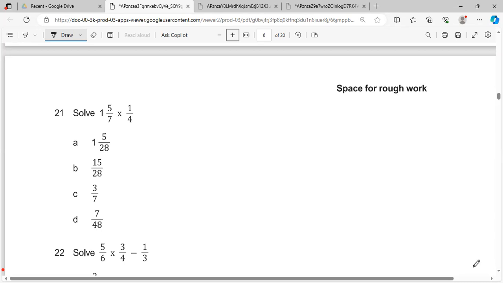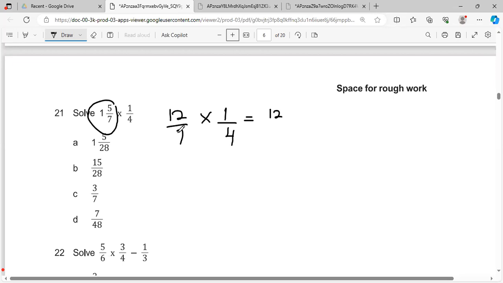3/7. 3/7. All right, let's see. So guys, we have to convert this. So 1 times 7, that's 7 plus 5, that's 12/7 times a quarter. So we can either cancel, or we can multiply 12 times 1, which would be 12.